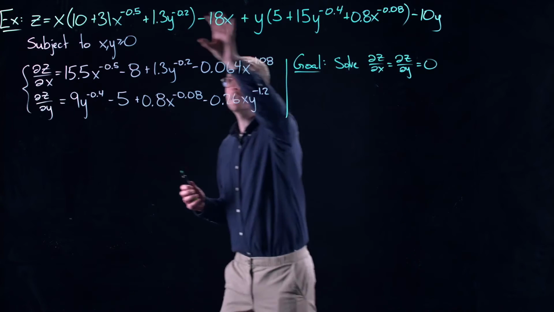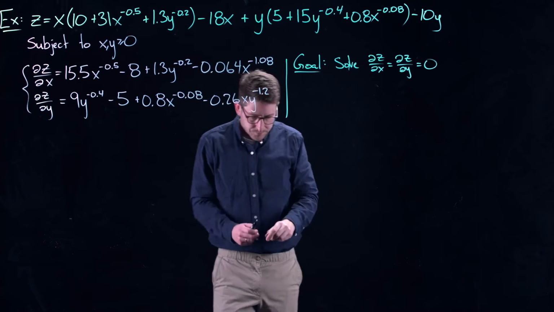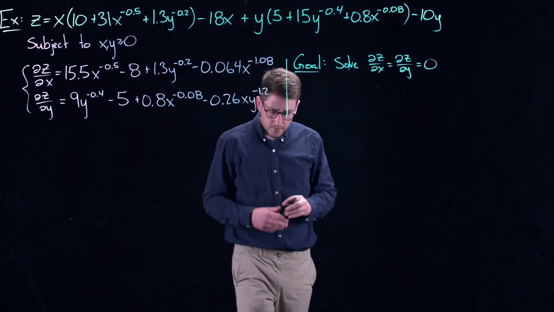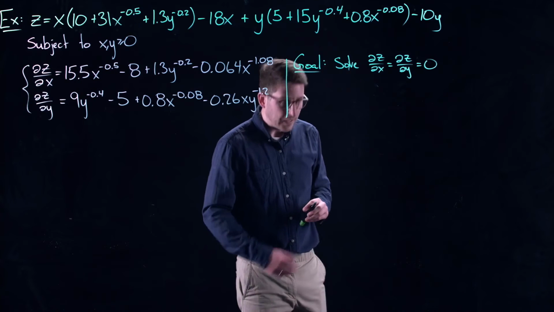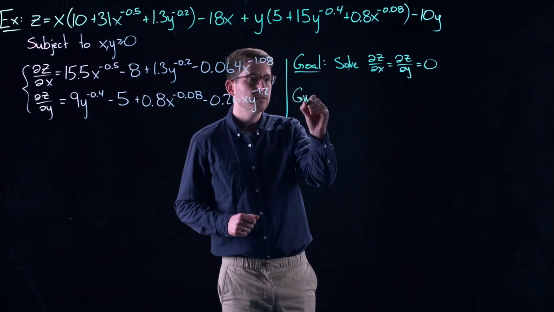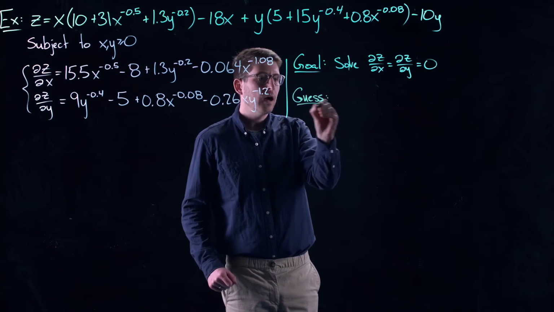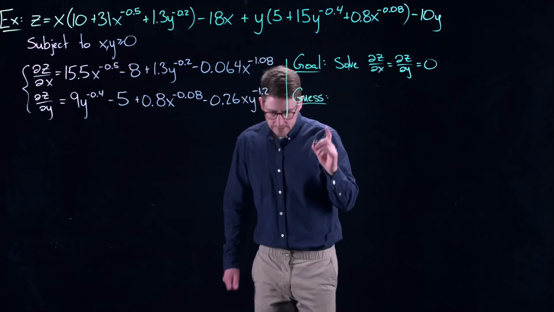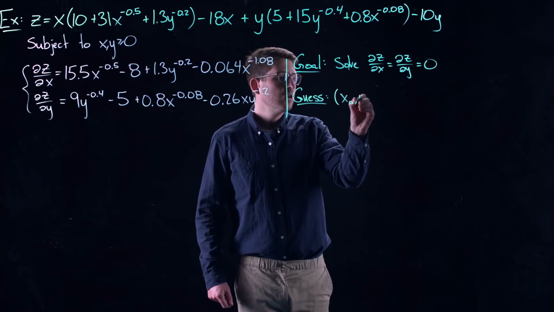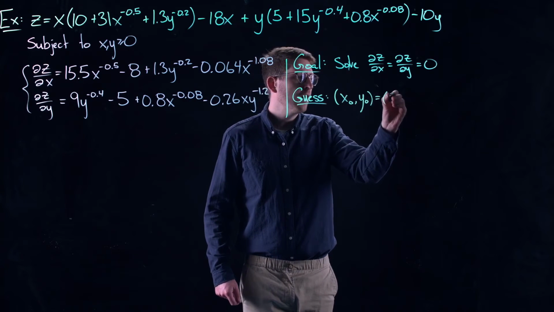You just need to put this in, and you can take a look at this thing and say, where does it look like the maximum is? Okay, so for me, when I did this, I formulated the following guess. I said somewhere around the point 5, 6.